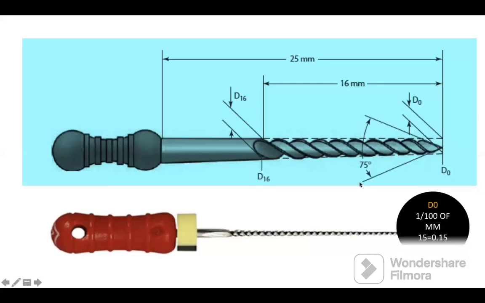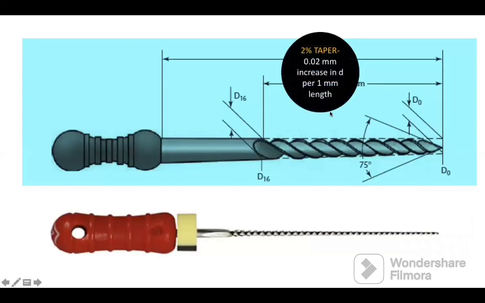So the next concept is the taper. There is a constant increase in the dimension of the file from its tip to the handle. This increase is in a percentage of 2. So there is an increase of 0.02 millimeter in diameter per increase of 1 millimeter length of the file.